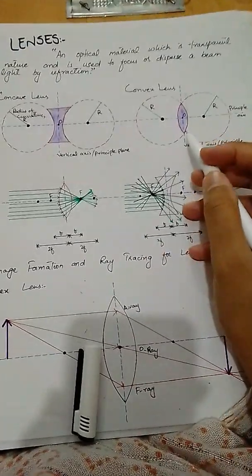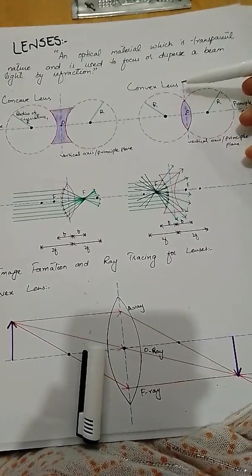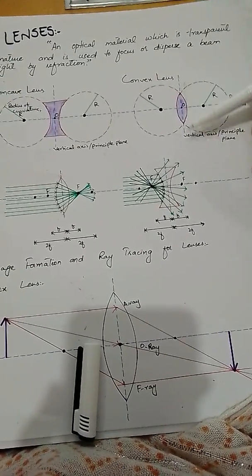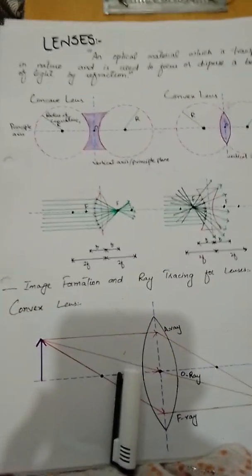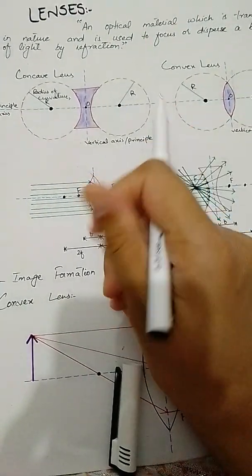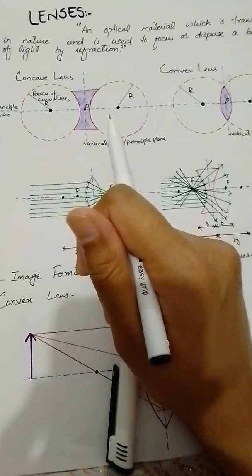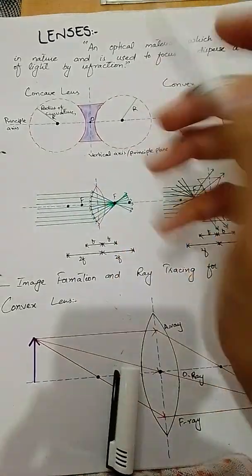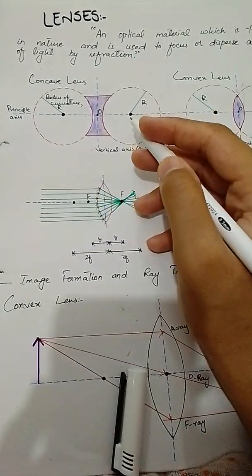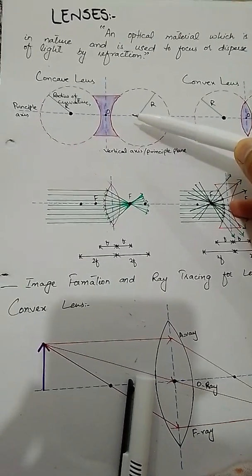Same is the case with the convex lens. In this case the plane passes through the centers and cuts this lens in half. Now, in the case of convex lens and concave lens, remember that there is no center of curvature. If there was a center of curvature, it should be at the same distance, but as these are two separate spheres, there is no one sphere.